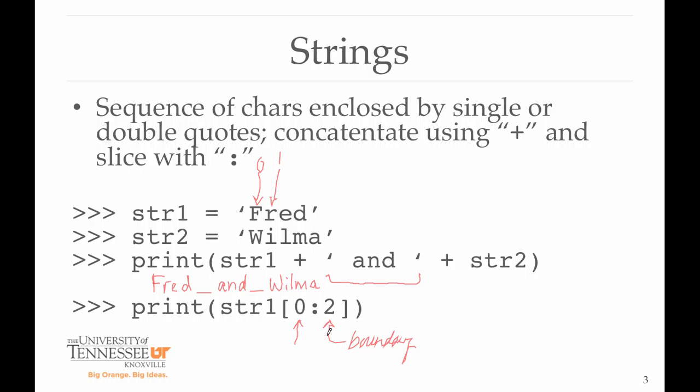So I would cover 0 and then 1. The only output you're going to see in terms of this slice is the capital F and the little r. So again, we think of the second operand for the slice, what comes to the right of the colon, as a boundary index. It literally means up to but not including.